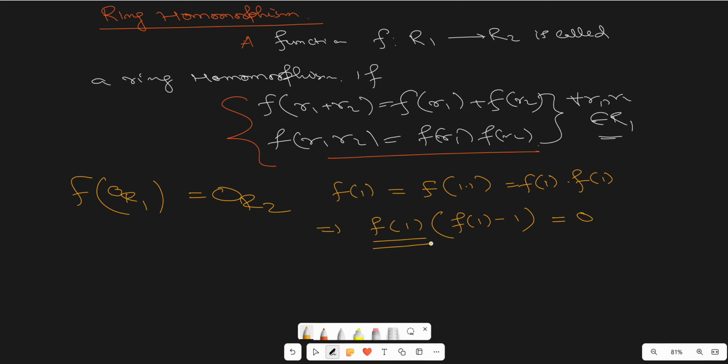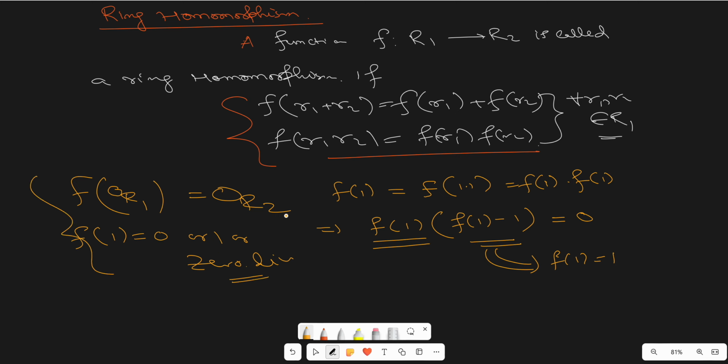This means that f of 1 is either 0 or a zero divisor. So f of 1 is 0 or 1; if f of 1 is not 0, then f of 1 equals 1, or a zero divisor. Anyway, we don't need this, but just an idea here.